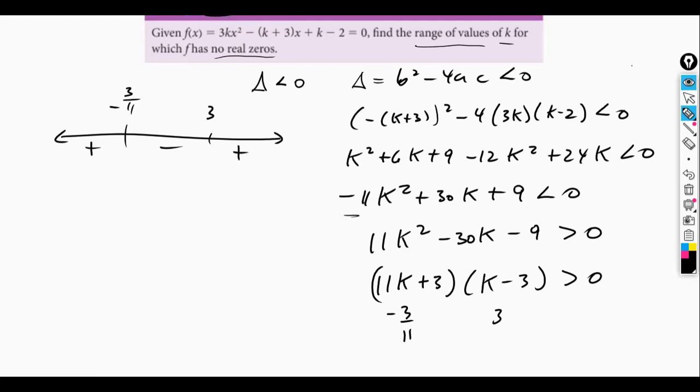Therefore, that means that in order for f of x to not have any real solutions, k would have to be less than -3/11, or k should be larger or greater than 3.